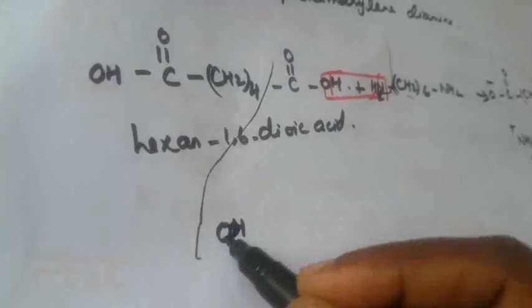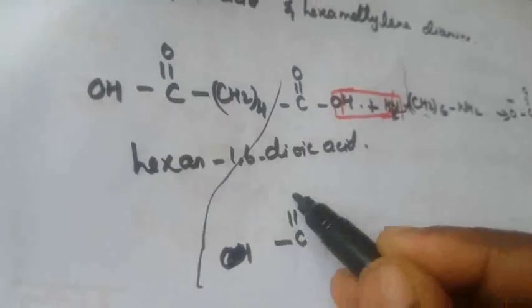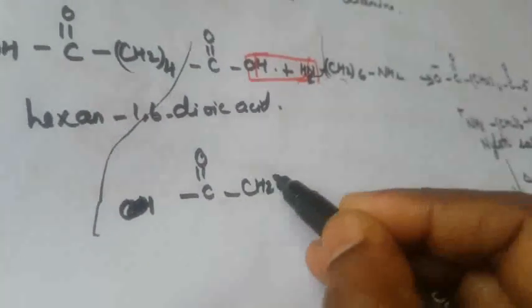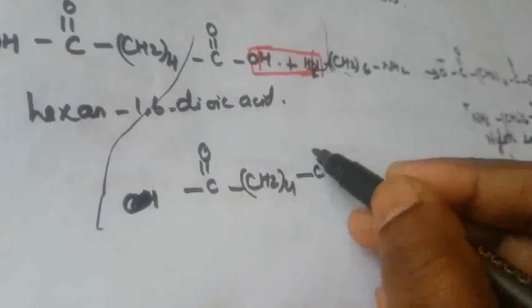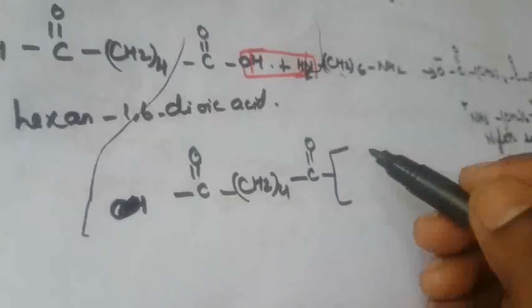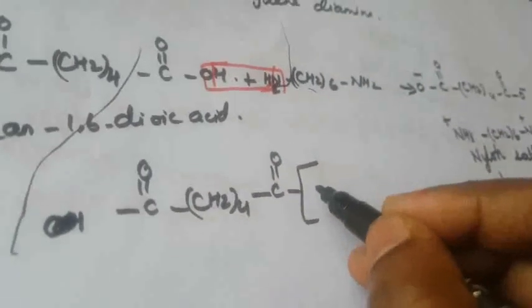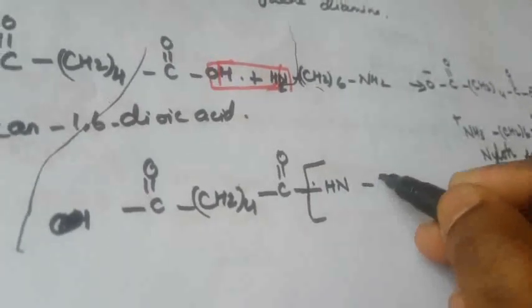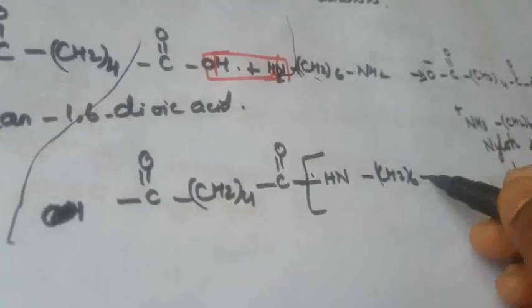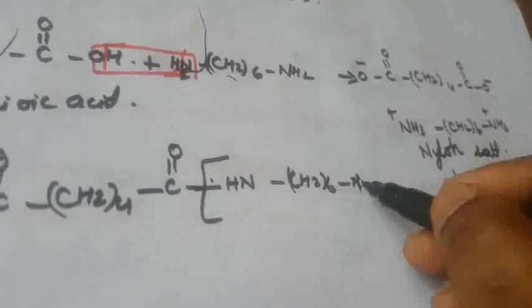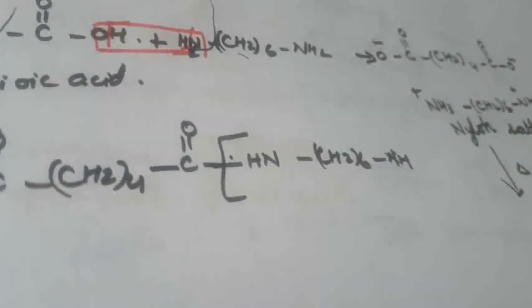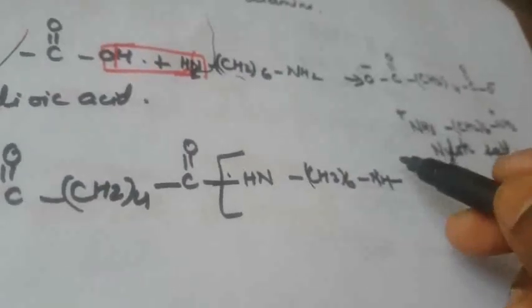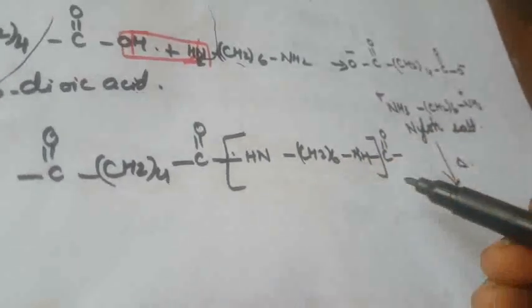So here H2O will be removed. So C=O, then (CH2)4, then C=O, then NH, then (CH2)6, then NH, then C=O, then the same unit will be repeated.